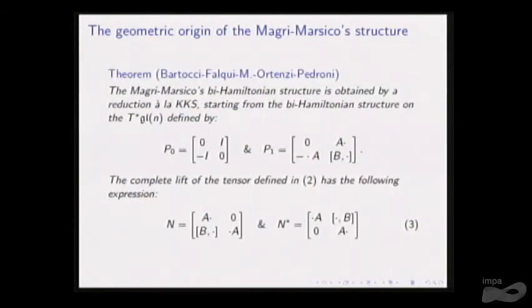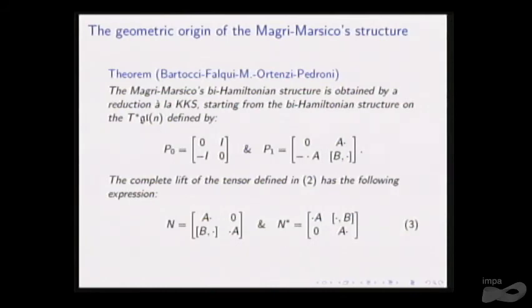If we do this, we get the first Poisson structure, which is the standard one, this P_0, the Poisson structure associated to the canonical symplectic structure. And then we get the P_1 that, in this setting, has this form. This is an operator which takes a pair of matrices to a pair of matrices. And the dot means where you have to insert the matrix.